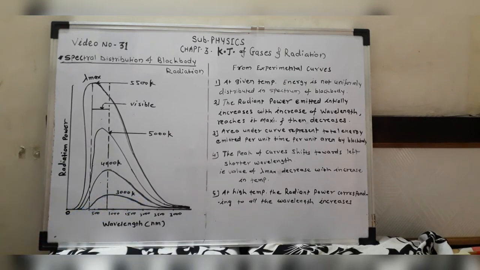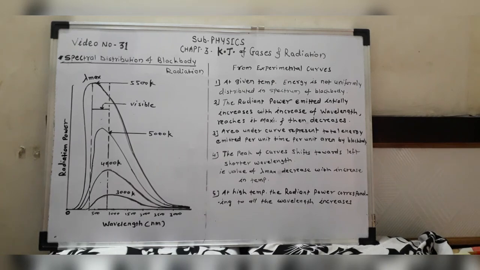That means these two scientists, Lummer and Pringsheim, studied the energy distribution of the black body radiation. They kept the source of radiation at different temperatures and measured the radiant power at different wavelengths. Then they obtained the different curves shown in the figure.